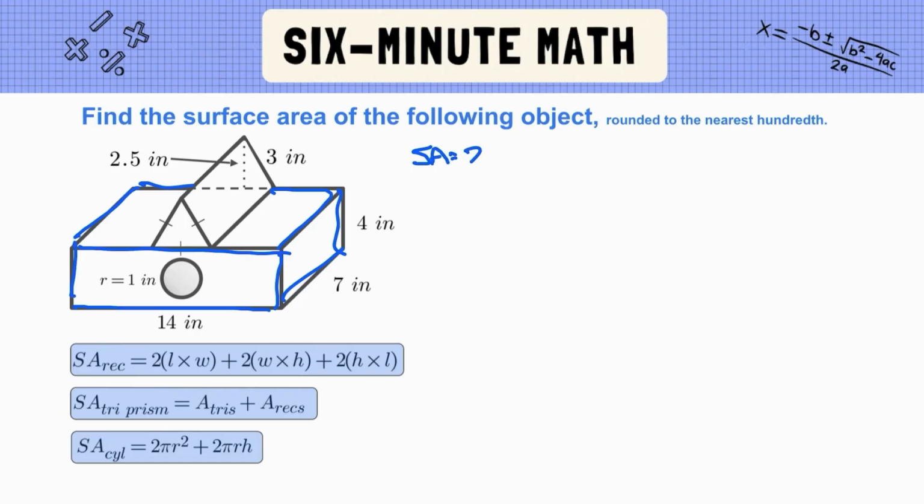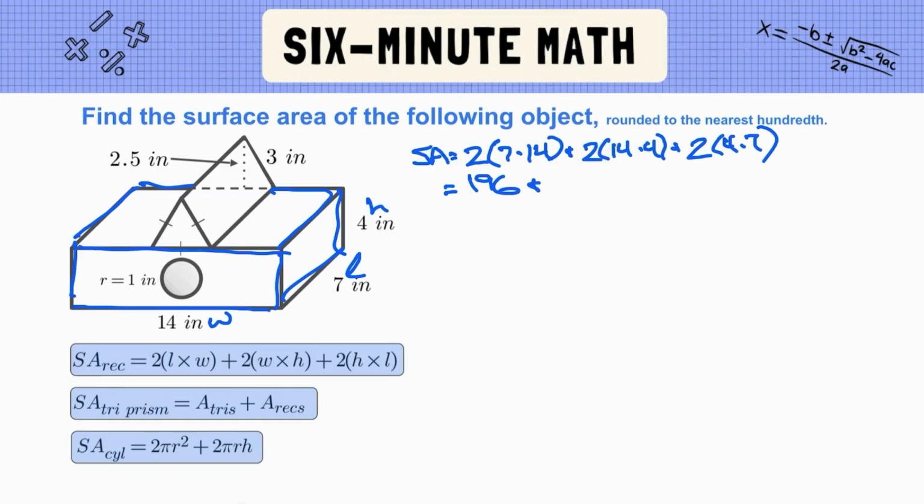We have a surface area of 2, and I should label my length, width, and height, times 7 times 14, plus 2 times 14 times 4, plus 2 times 4 times 7. 2 times 7 times 14 is 196, plus 2 times 14 times 4 is 112, plus 2 times 4 times 7 is 56.